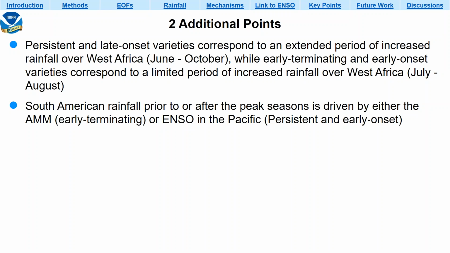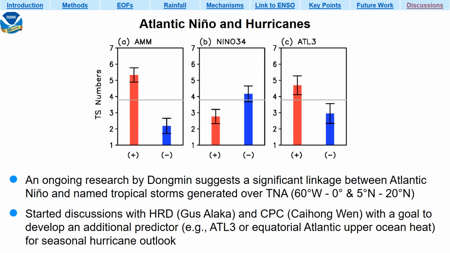Especially, I want to point out that the South American rainfall prior to or after the peak season is largely driven by either the AMM, the Atlantic Meridional Mode, in the case of the early-terminating flavor, or ENSO in the Pacific for the cases of the persistent and early onset flavors. That's it. And then I just want to add 2 more slides.